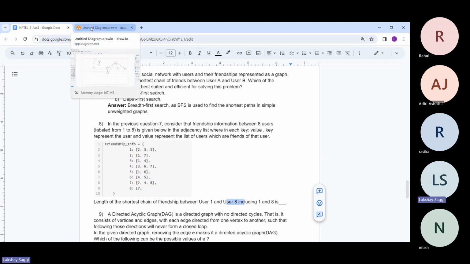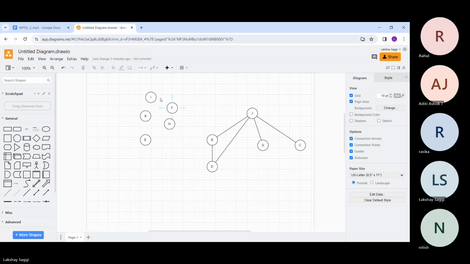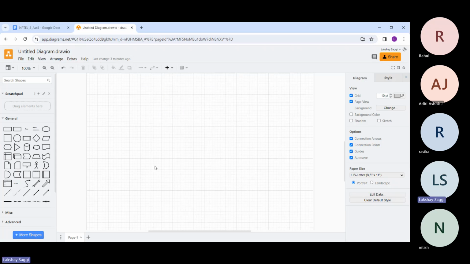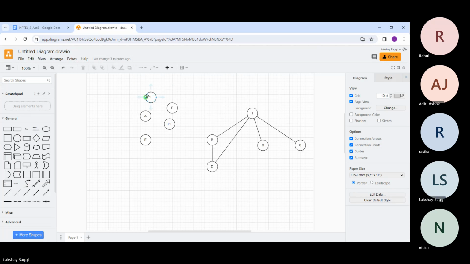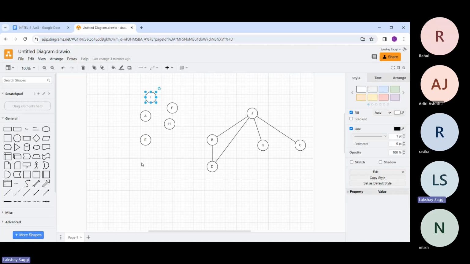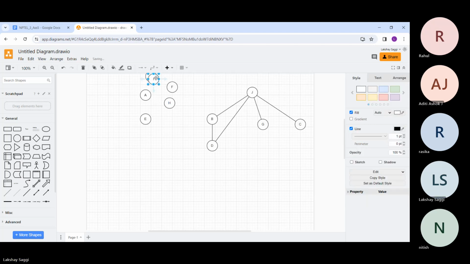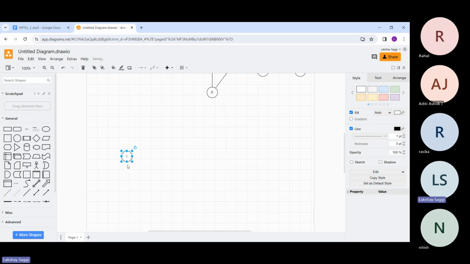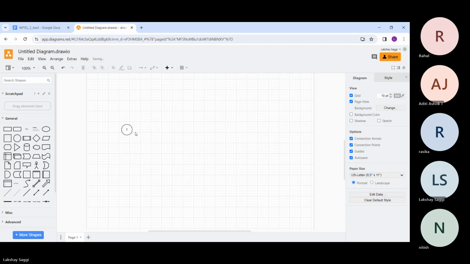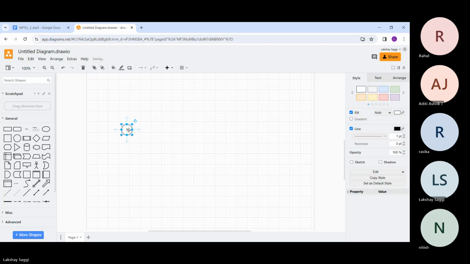So maybe we can do this here only. I should include more nodes. We'll just make a graph out of the given problem, and it will be something like this. Sorry for this, guys.